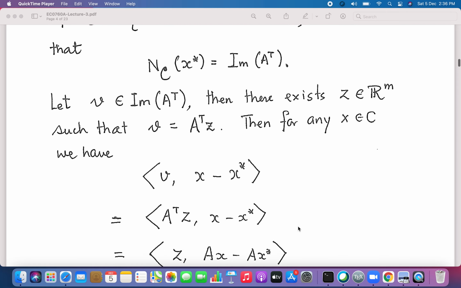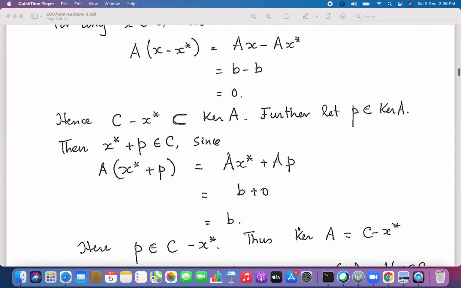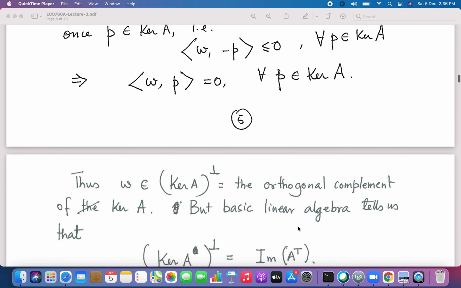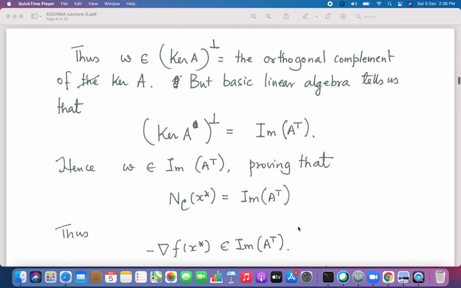I'll just give you a look at the proof. Here we have to use at the end a very important result from linear algebra, so knowing linear algebra is very crucial. The kernel of a matrix is the set of all x for which A of x is equal to 0. So when A operates on x, it gives me the zero vector, the null vector, the origin actually.